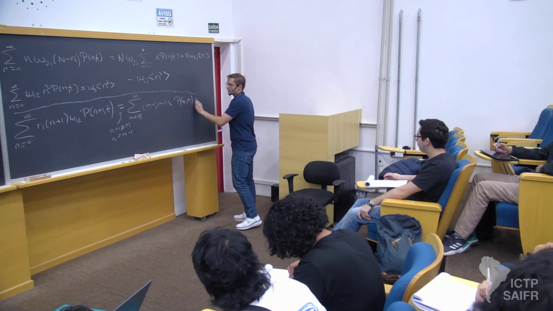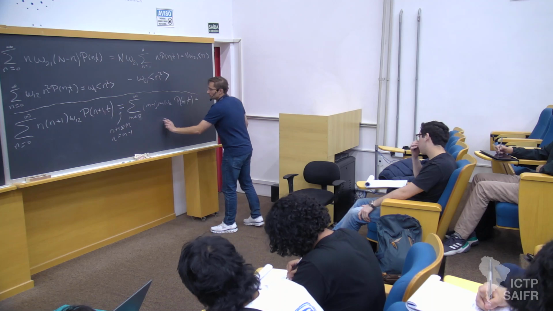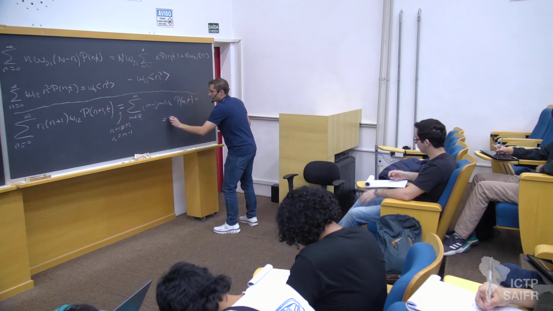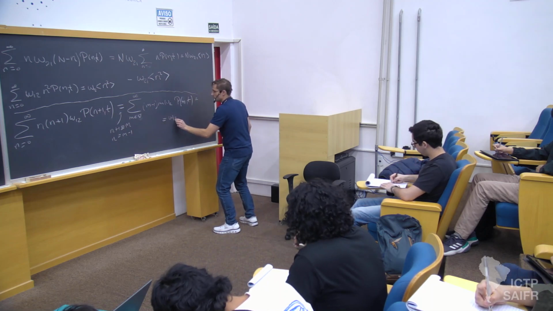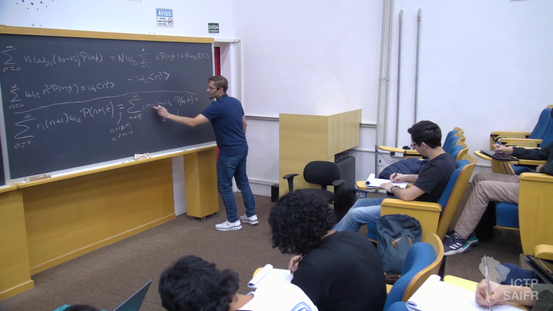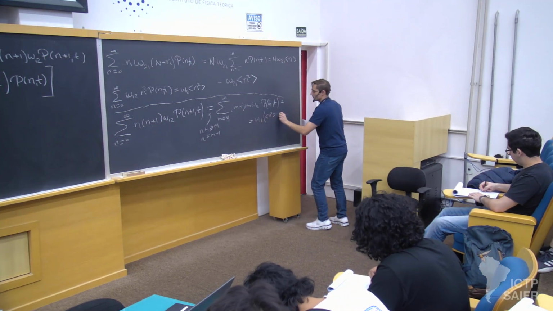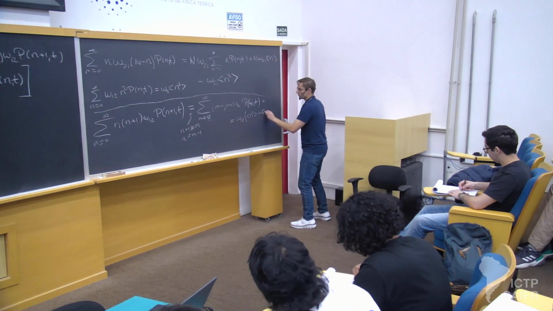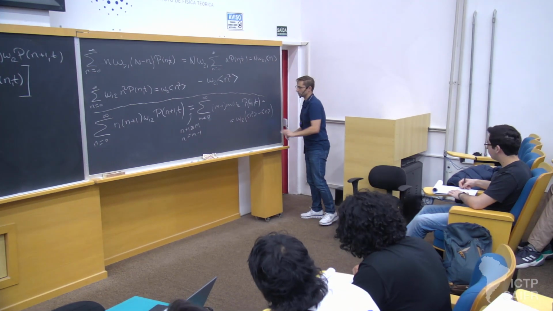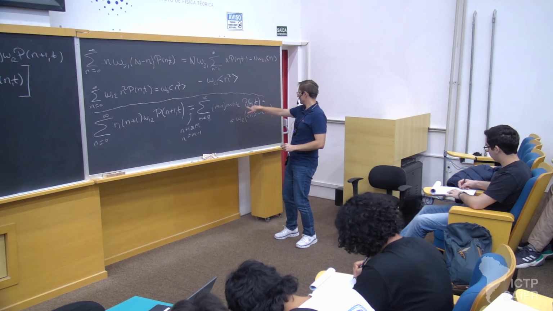So basically this is equal to omega 1,2, of course, that goes out. And this is the mean value of n squared minus the mean value of n.